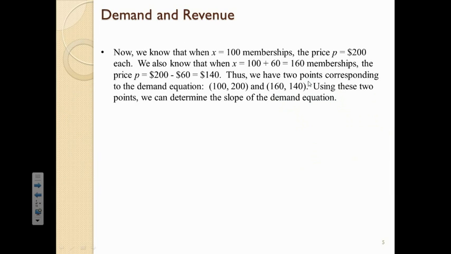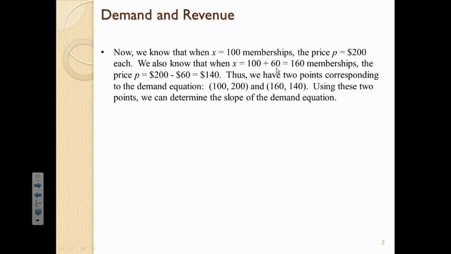We know that when we have 100 memberships, the price is going to be $200. Now, if we go to our maximum membership, we can realistically pick any point, but if we go to our maximum membership, that's when we have 160 members. 60 members above 100. And that's what this is saying here.